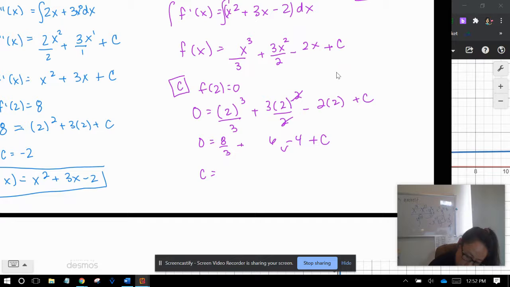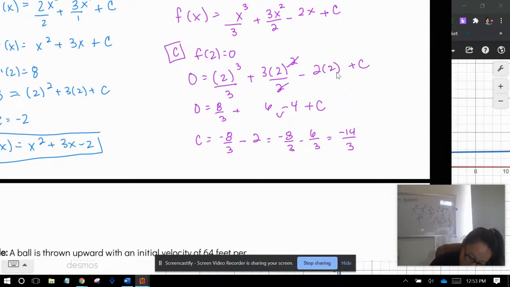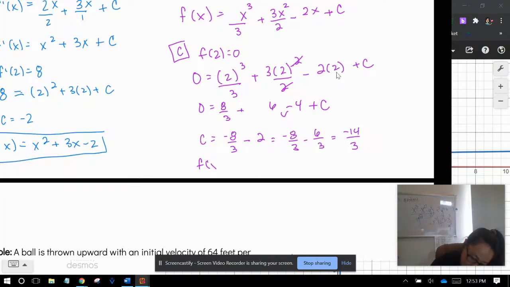So I'm going to do negative 8 over 3 minus 2, which is negative 8 over 3 minus 6 over 3, which is negative 14 over 3. Okay, so my particular solution is f of x is equal to x cubed over 3 plus 3 over 2 x squared minus 2x minus 14 over 3.